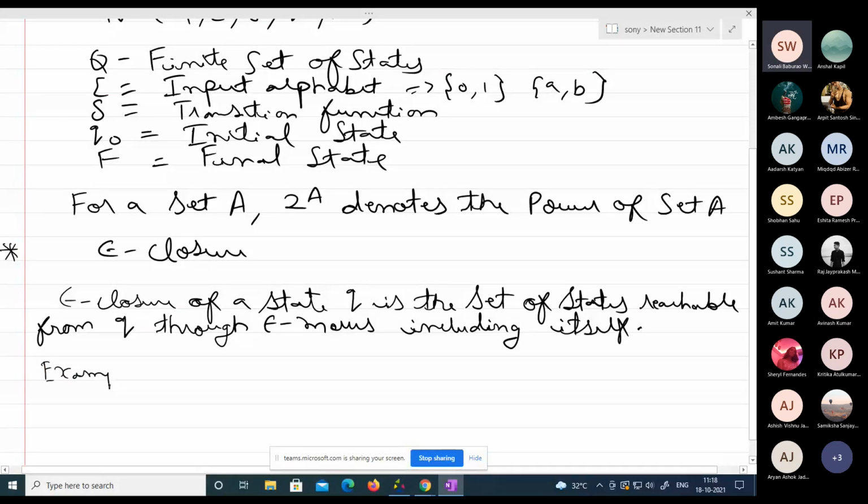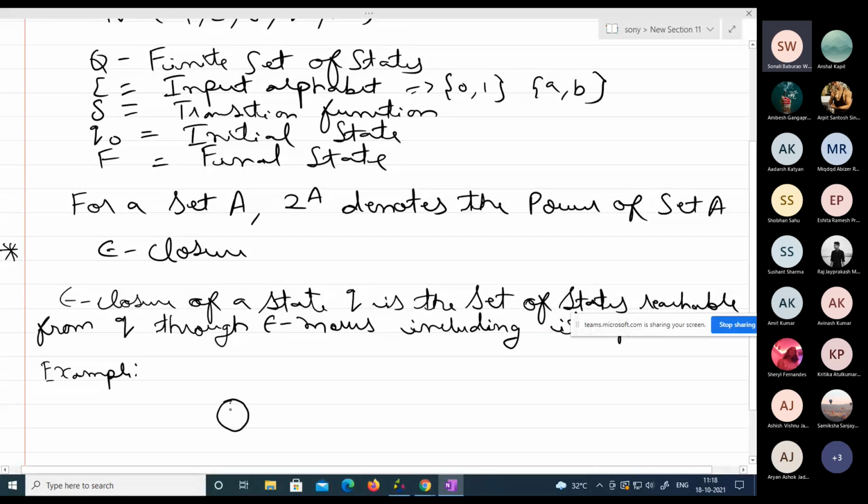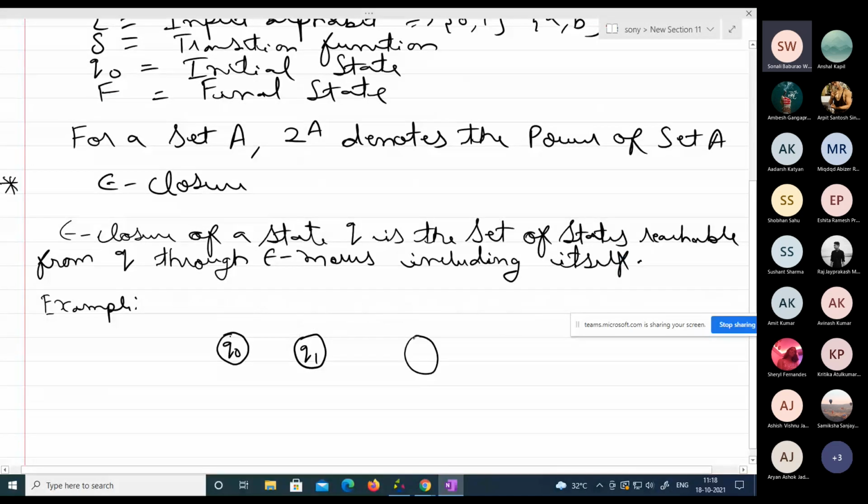Now consider a state transition diagram like this. I'm having the states Q naught, one more state Q1, and then one more state, which is my final state, Q2. So I am having 3 states here, Q0, Q1, and Q2.